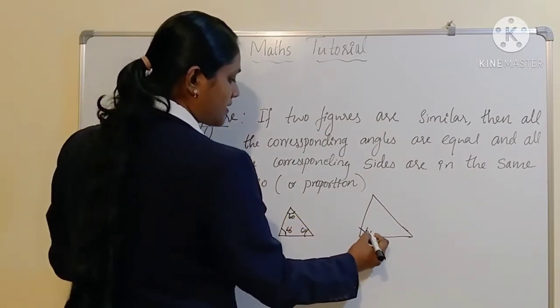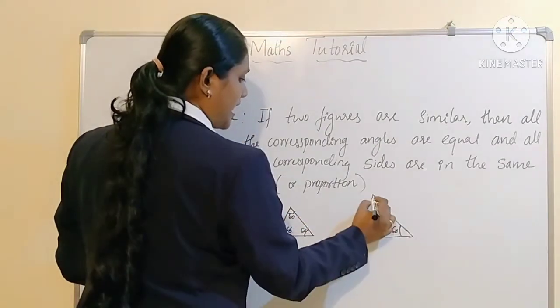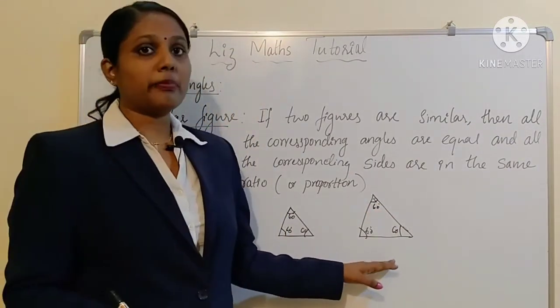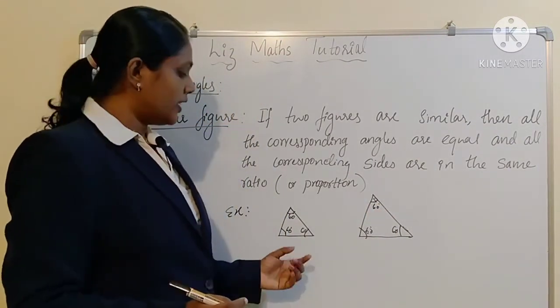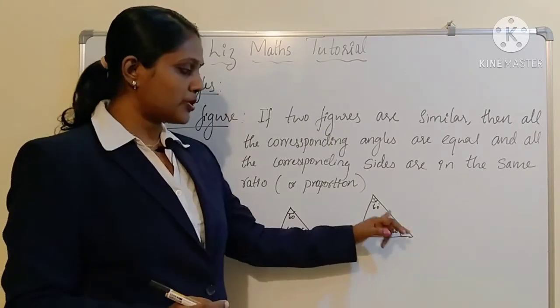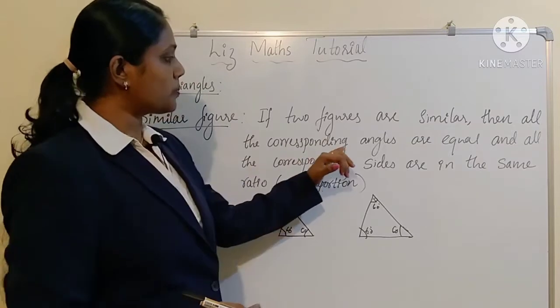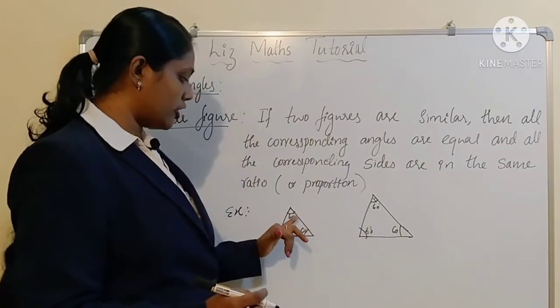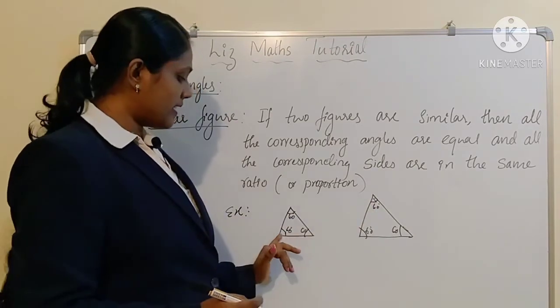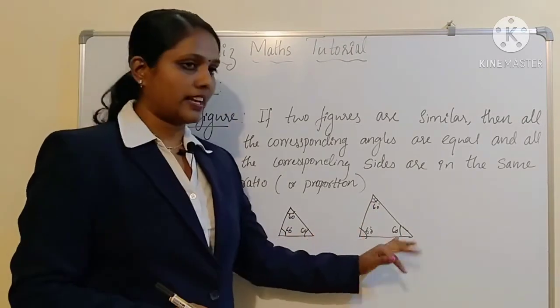Here also I'll take 60 degrees, 60 degrees and 60 degrees. But the size of this is a little bigger compared to this one, isn't it? So the shapes are the same and the angles are also the same. So the corresponding angles are equal. This angle is the same, this angle is the same, isn't it?